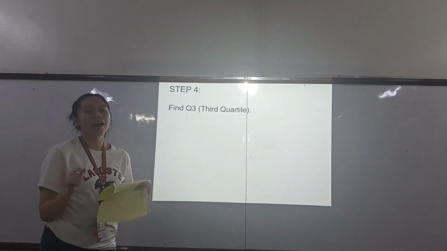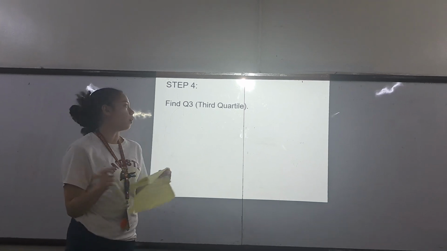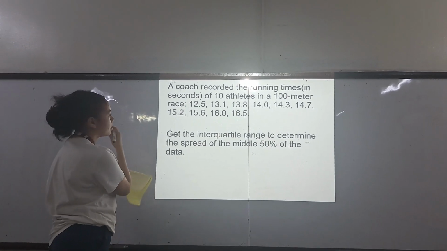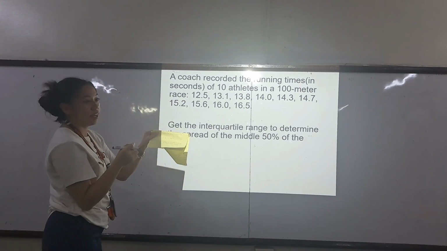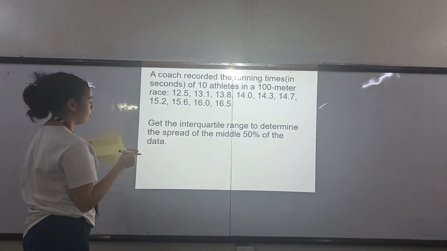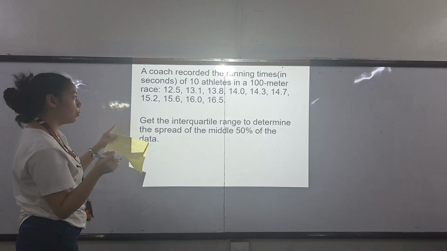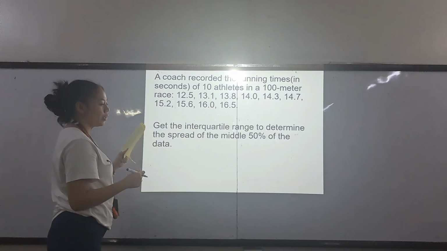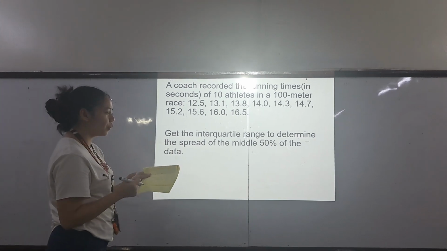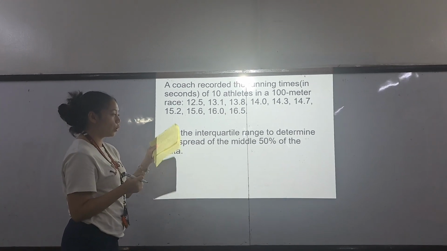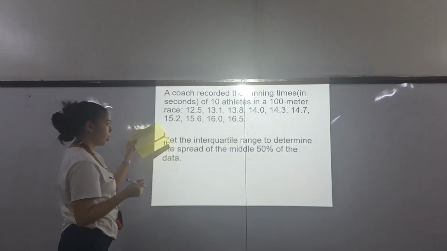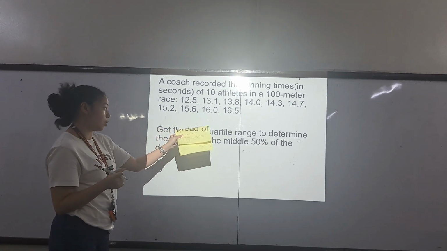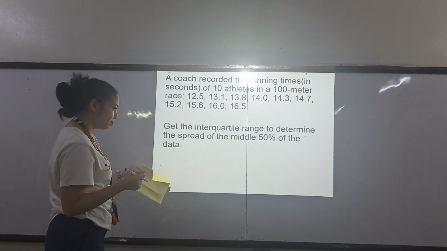So we have another word problem. A coach recorded the running times, in seconds, of 10 athletes in a 100-meter race, given the values 12.5, 13.1, 13.8, 14.0, 14.3, 14.7, 15.2, 15.6, 16.0, and 16.5.